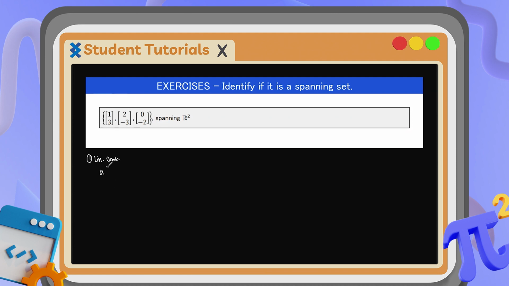Let's have our scalar a multiplied by 1, 3, added to another scalar b, and then added to another scalar c with the vector 0, -2, equal to x, y. x, y in particular is any vector in R2.